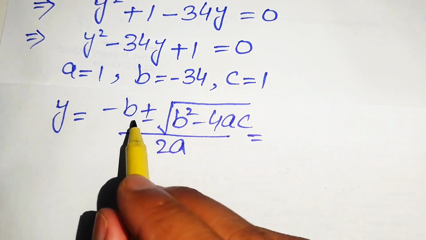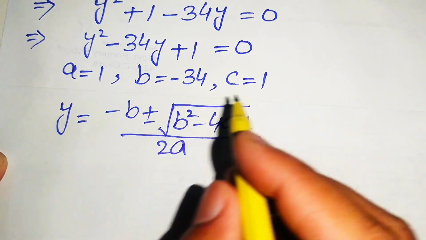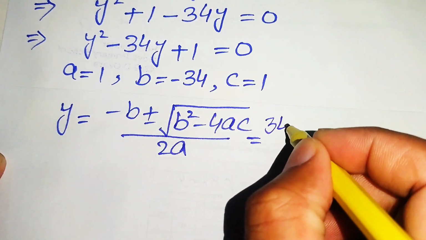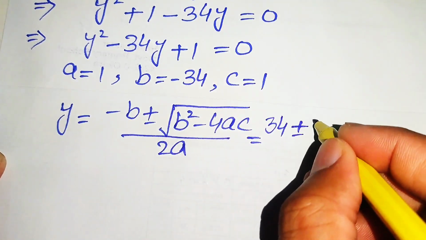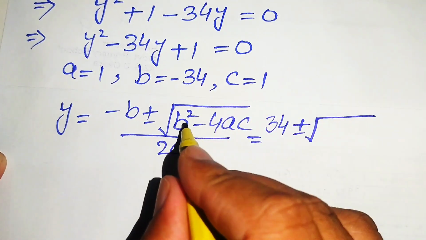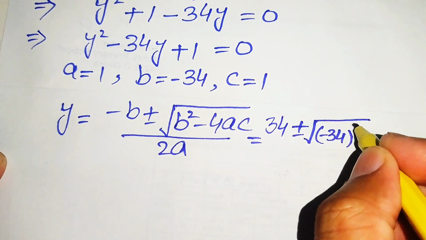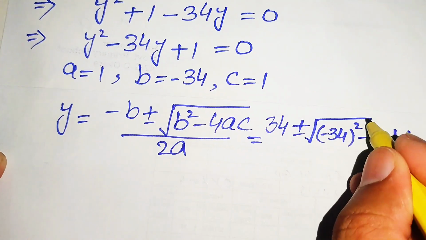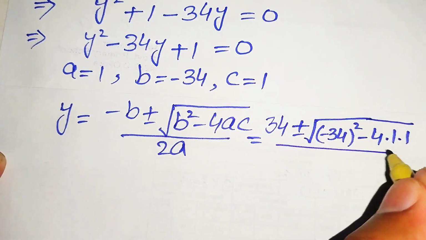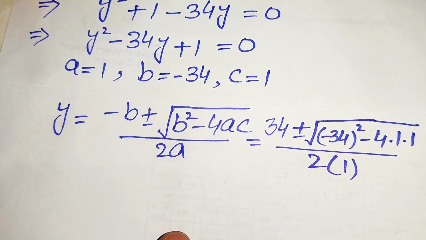Here the value of b is minus 34. When we substitute it here, it becomes plus 34, because minus times minus becomes plus. And plus minus square root of minus 34 squared minus 4 times a, which is 1, and c, which is also 1, and this whole divided by 2 times a, and our a equals 1.